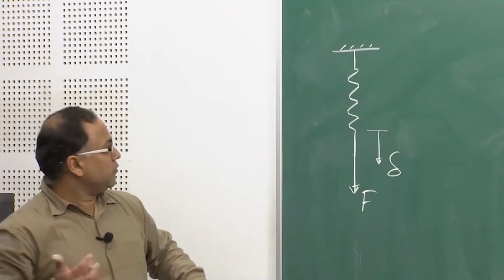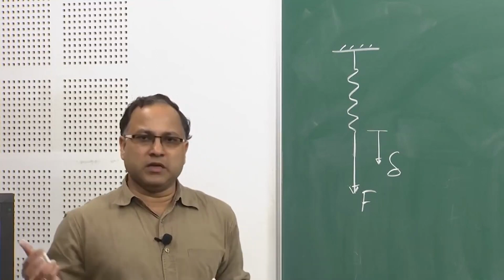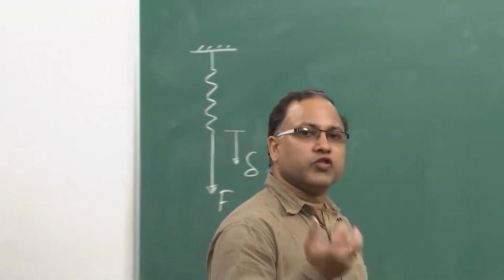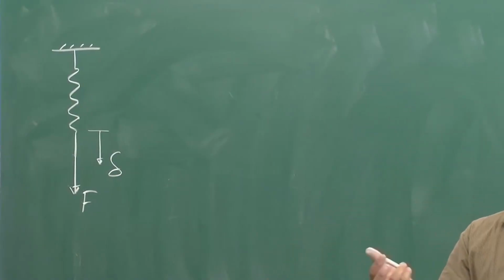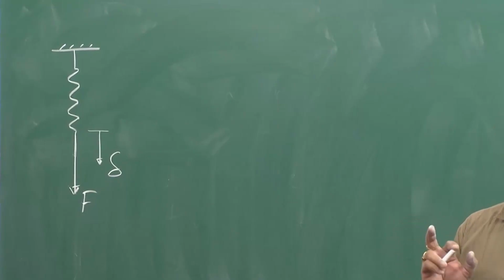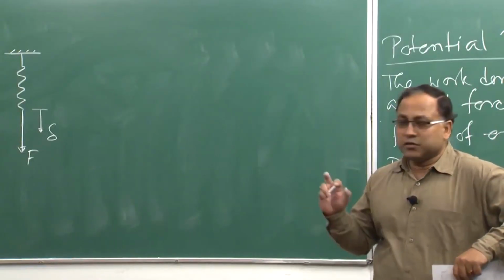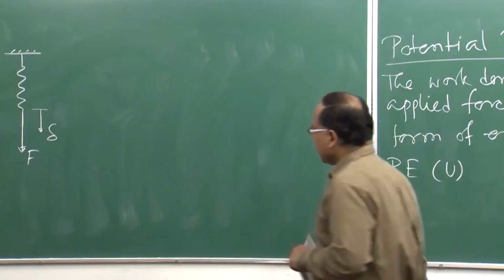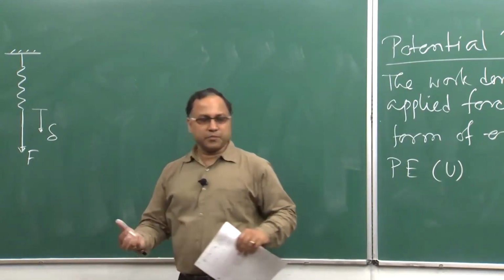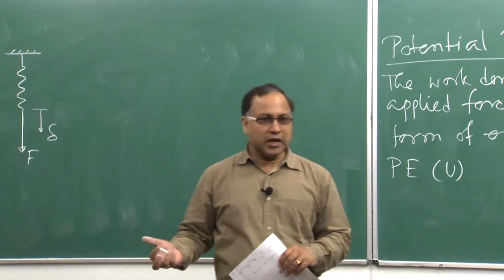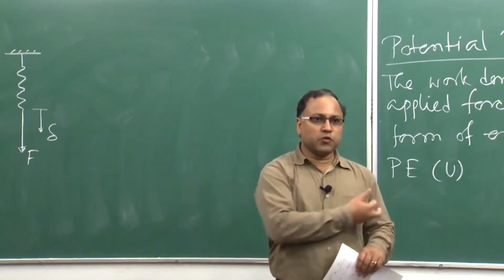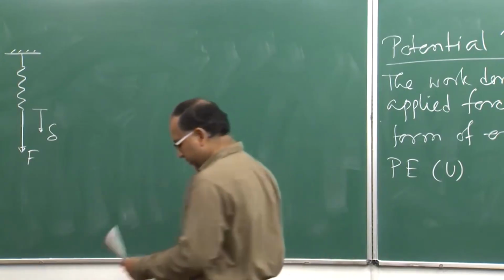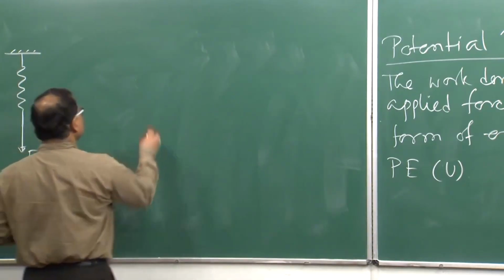For the time being we are considering it is non-linear. The force-deformation relation is non-linear, that is the most general situation. But we are considering the elastic system. This conservative system could be linear or non-linear, and potential energy is applicable to both.